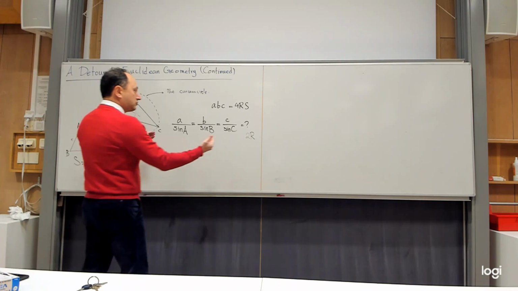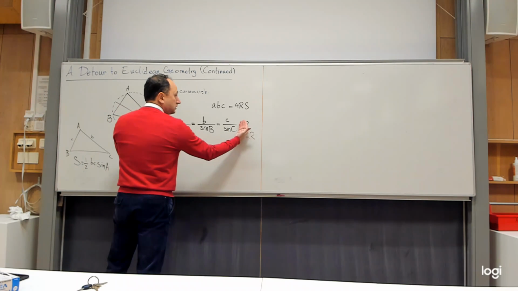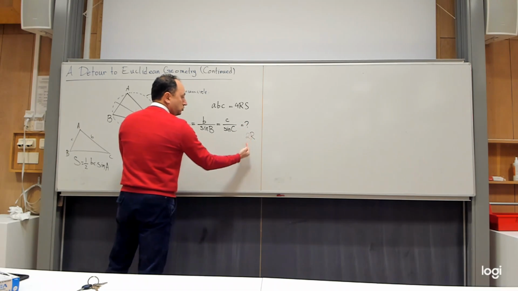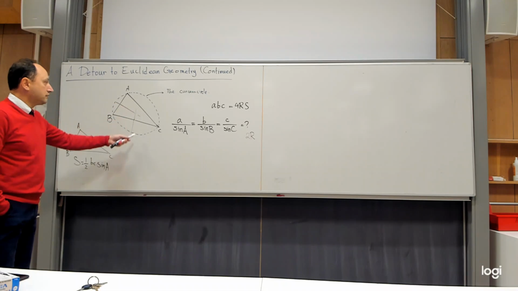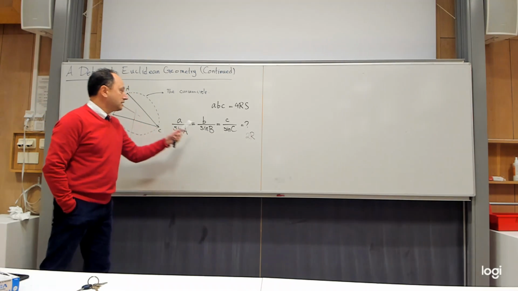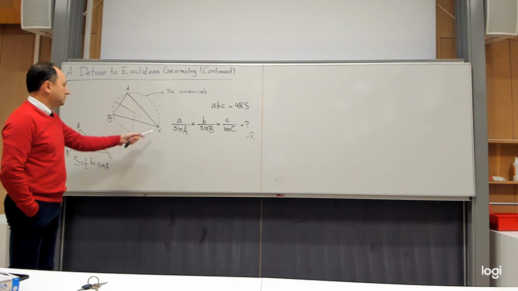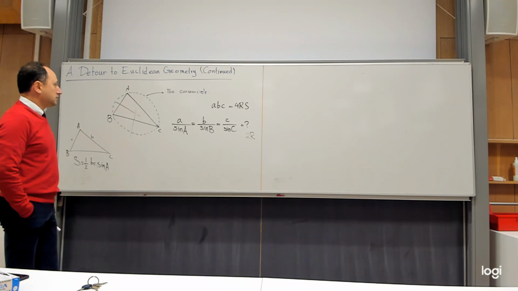So in Math 3C we knew up to here, but today we want to add one more equality, and that is 2R. R is the radius, and 2 times R is the diameter of this circle. We want to show that this is true.